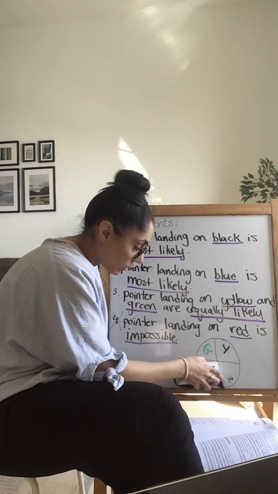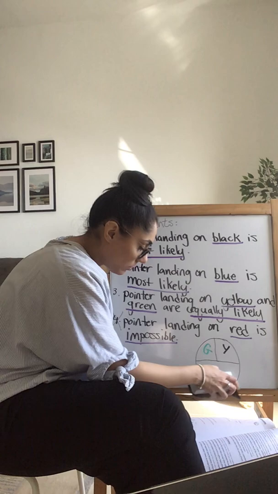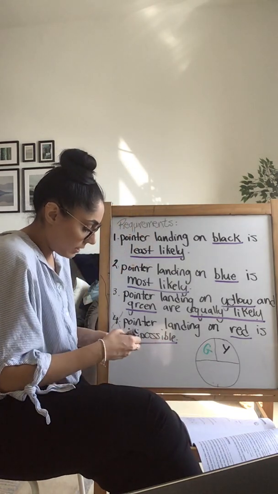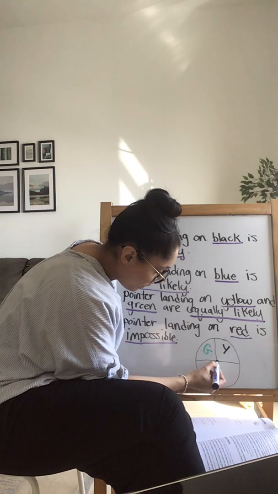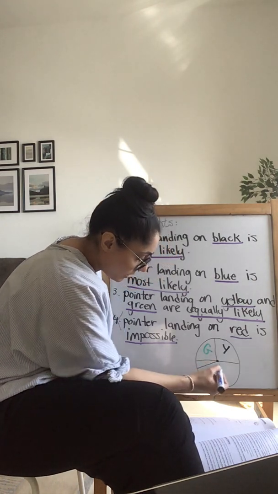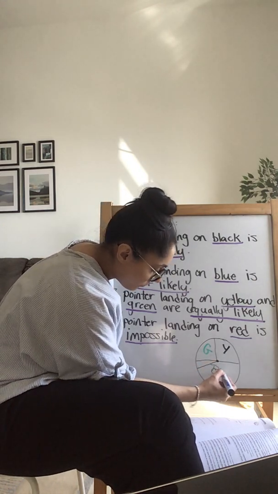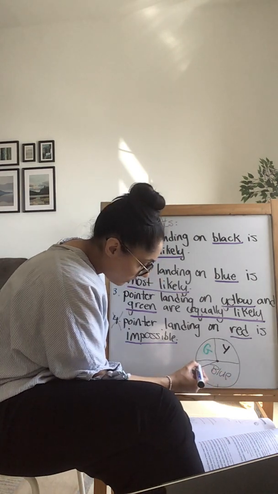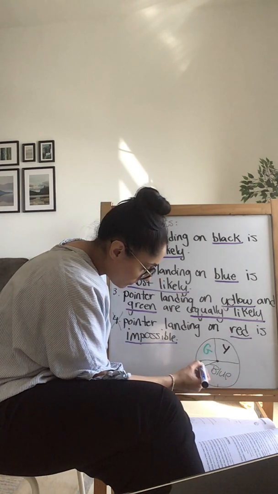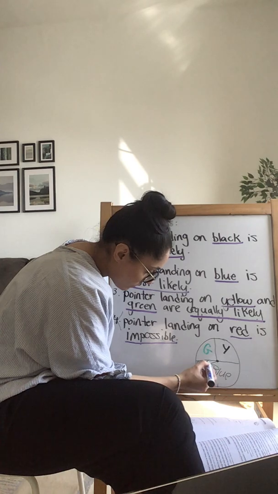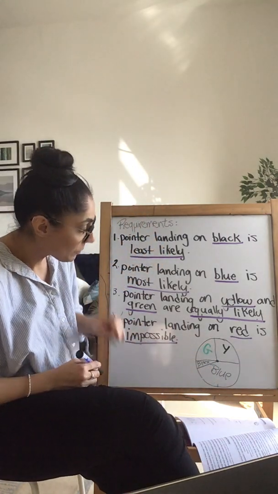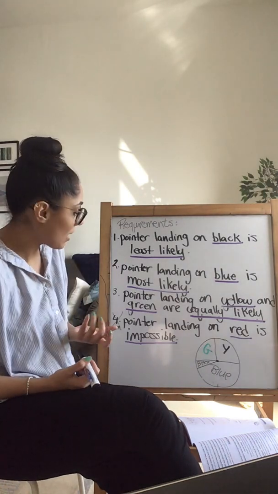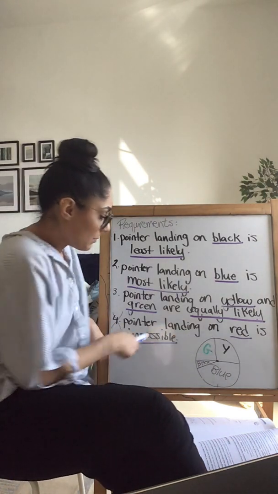So we know that we need to actually change this whole little section. What if instead I made it like this? What if I made it a little smaller and I said this is blue and then this is black? I wrote it really small, but that's a little black. Now does it match? So landing on red is impossible.